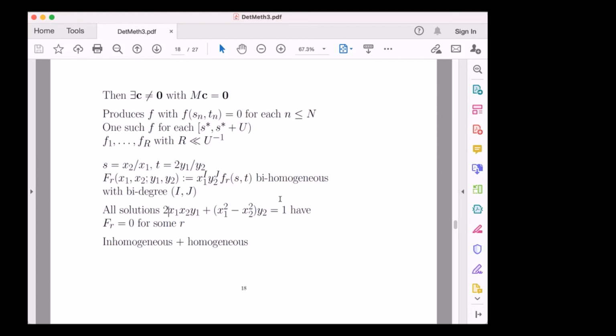And so it's automatic that the variety given by this equation has no component in common with this homogeneous variety.